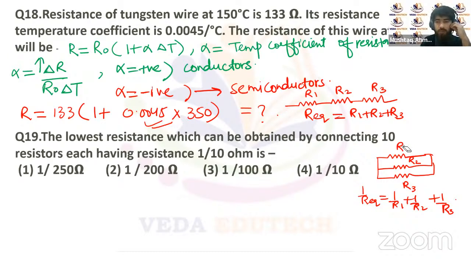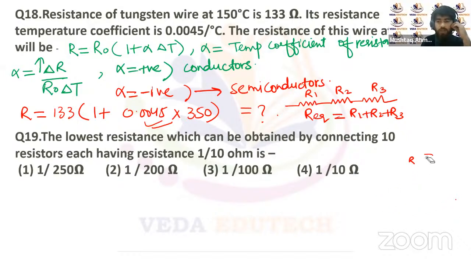Now, in the same way, we have been given the question here: the lowest resistance which can be obtained by connecting 10 resistors, having resistance 1 by 10 ohm each.